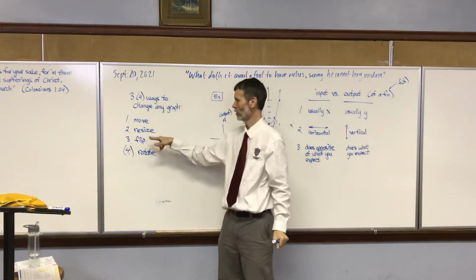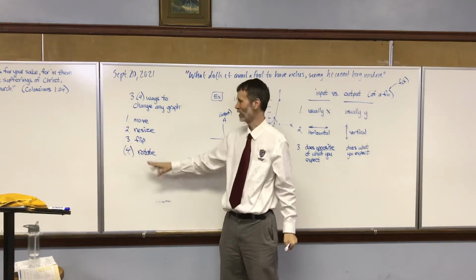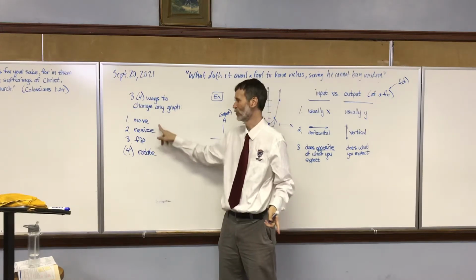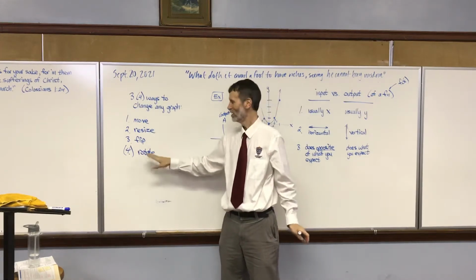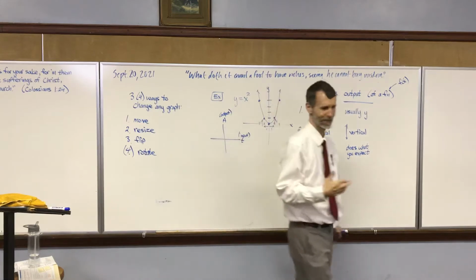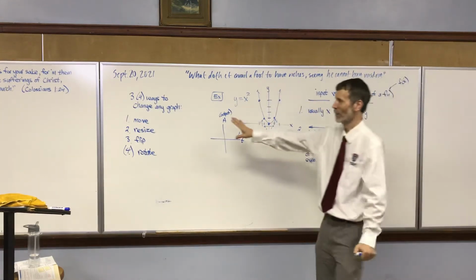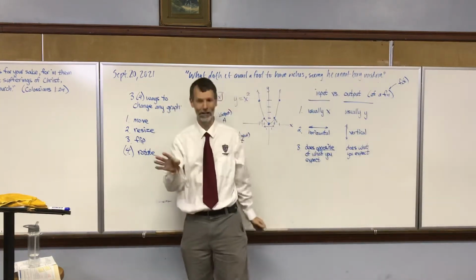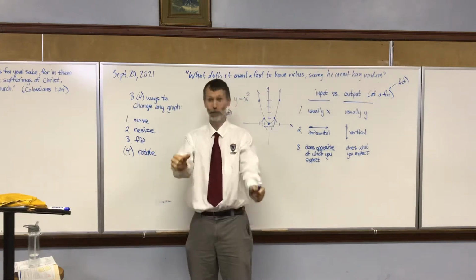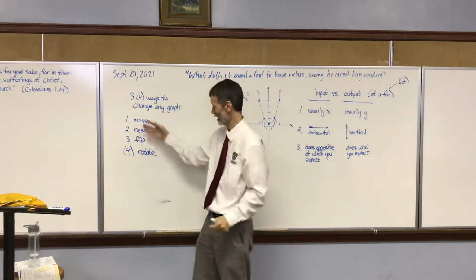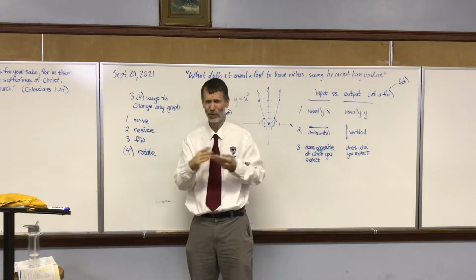Any rotation can be done with some weird combination of moves, resizes, and flips. You don't absolutely need rotation. You can do it with a combination of the top three. It can be hard. It's usually way easier to just say rotate 30 degrees clockwise than to try and find all the really creative moves, resizes, and flips.